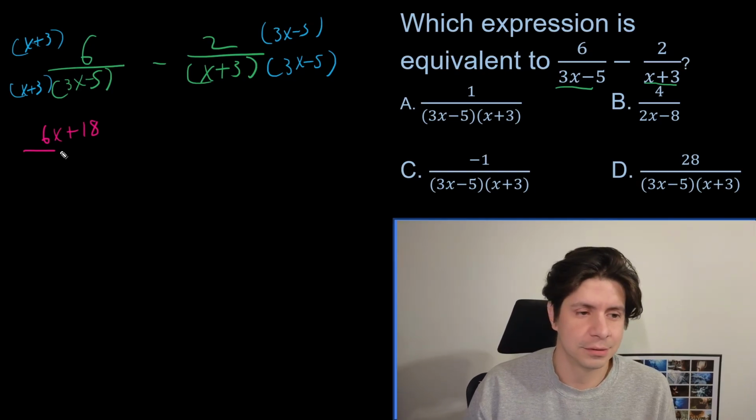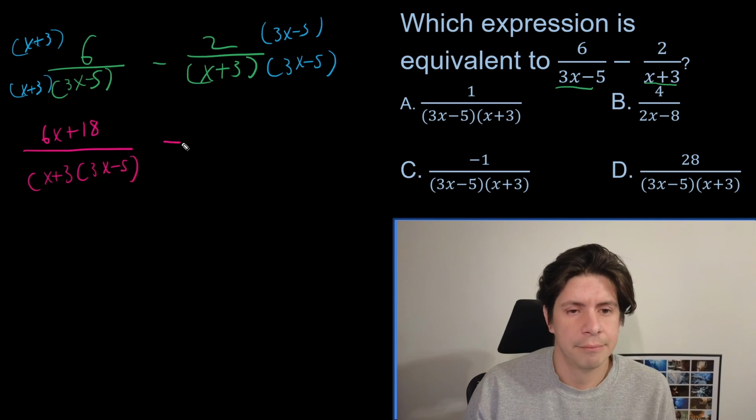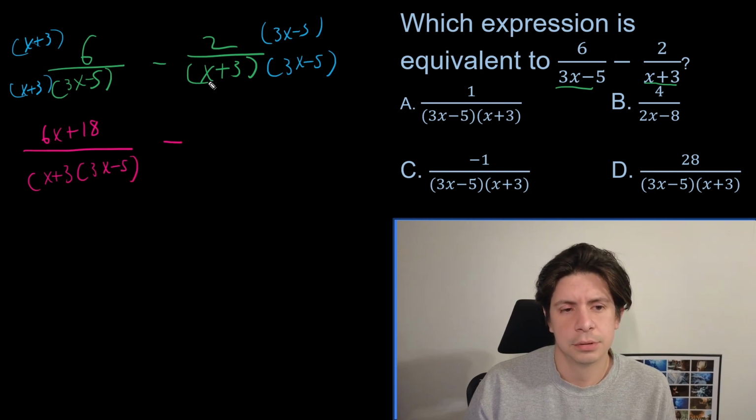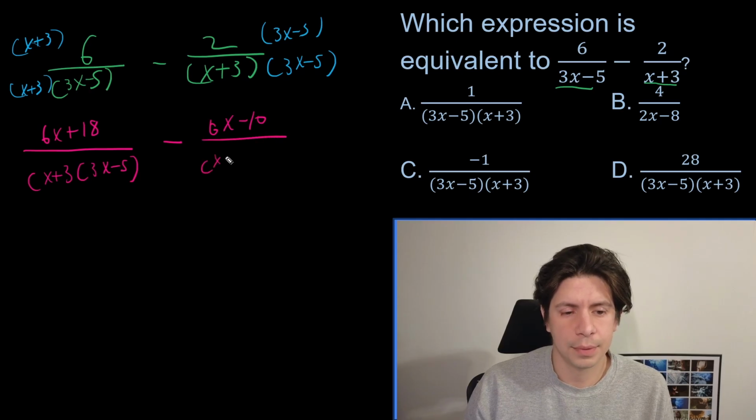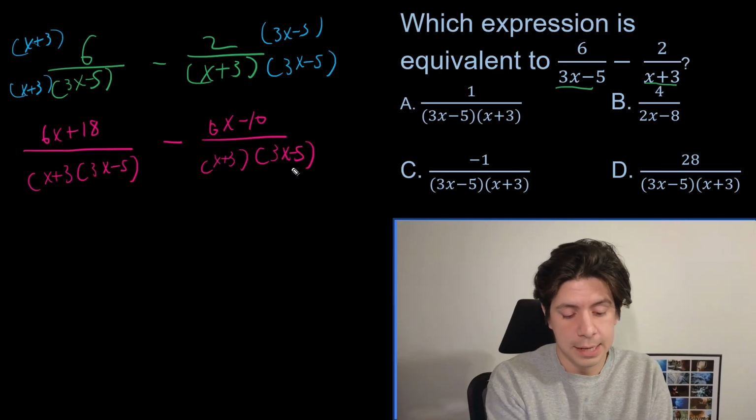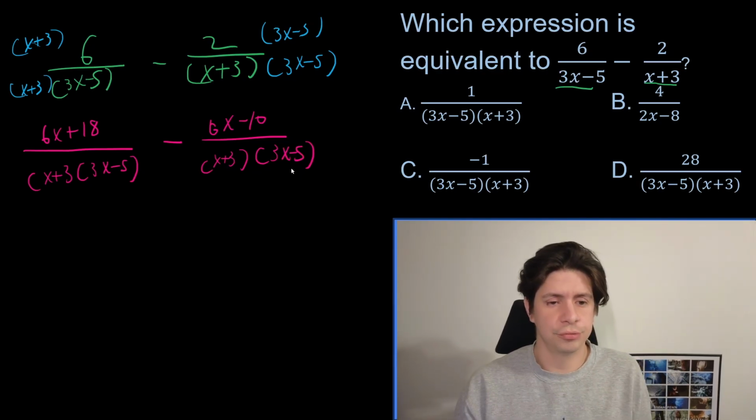So it's 6x plus 18 over x plus 3, 3x minus 5, minus 2 times 3x is 6x, 2 times negative 5 is minus 10, over x plus 3, 3x minus 5.